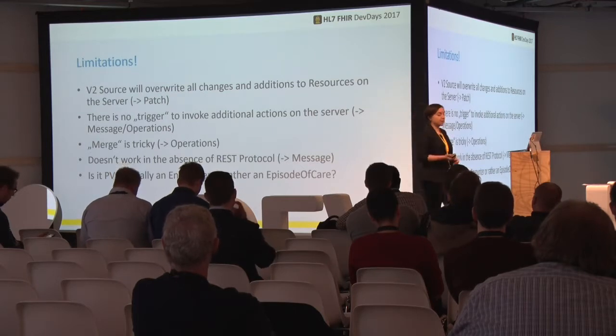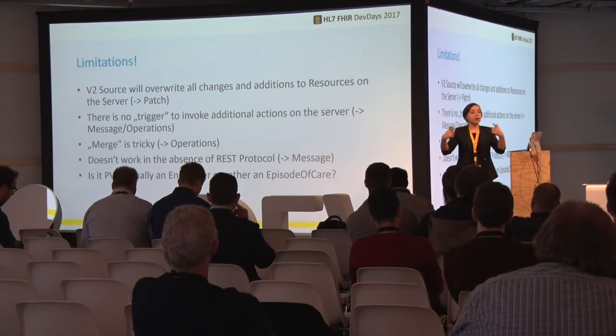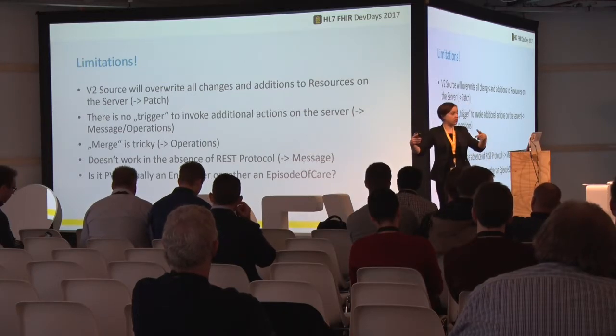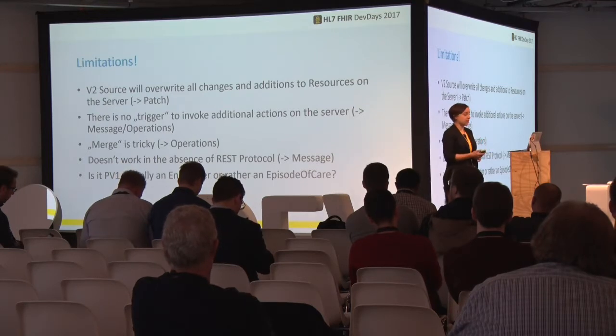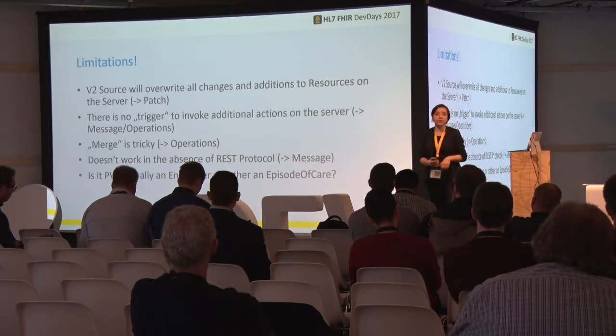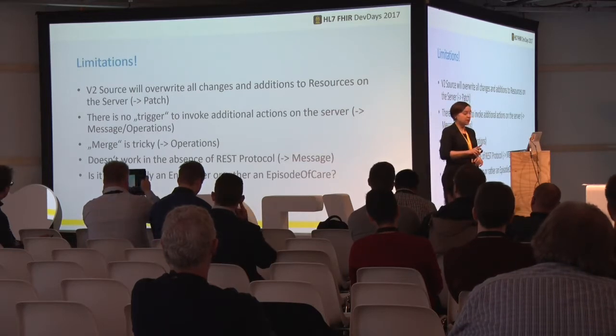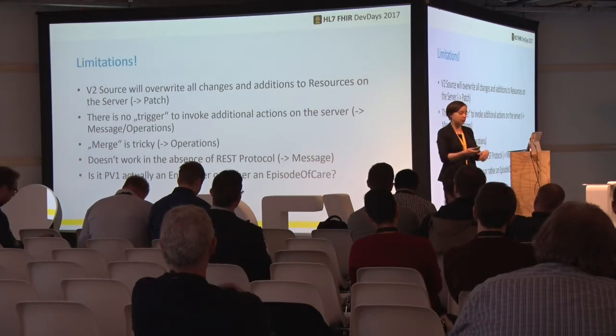So sometimes that's going to be a problem if not all the V2 messages going out have the full data about the patient, and we might lose data when we update. So in some cases it might be safer to use a patch operation to just update one piece of information rather than replacing the whole resource.